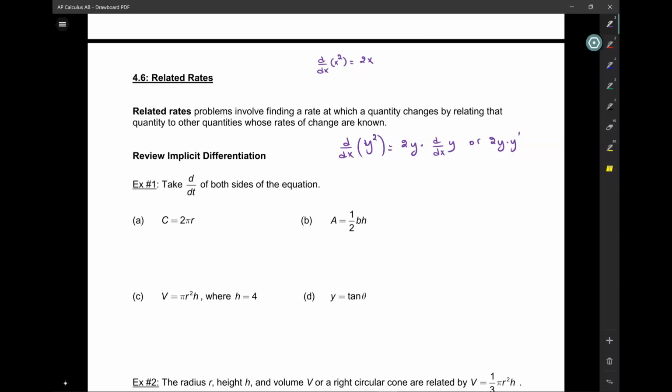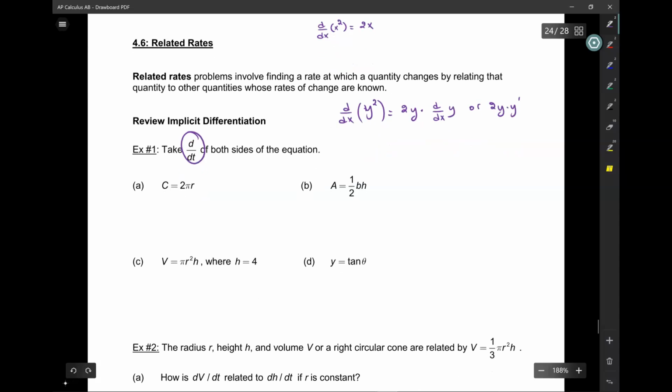Now that I moved away from the y, I could venture into any other variables. Often, because things change in time, we have to take a derivative of something with respect to time. That is when we write it like this, d/dt. That means take a derivative of something with respect to t, or time. So we're going to take d/dt of both sides of these equations.